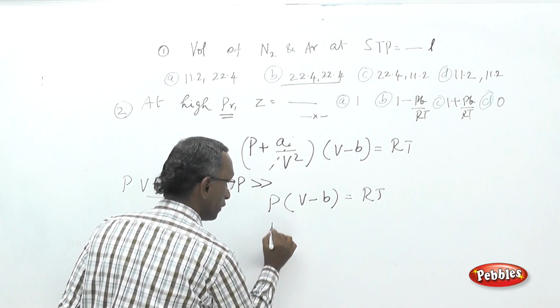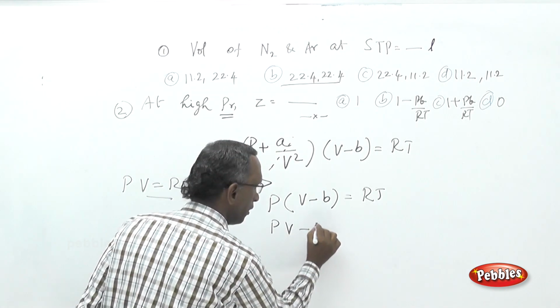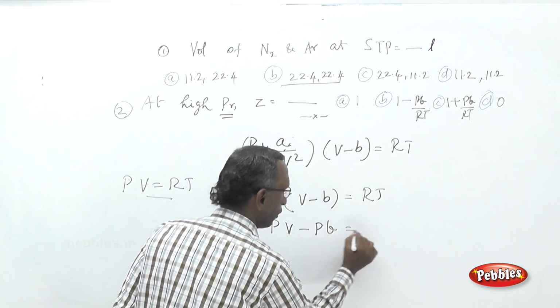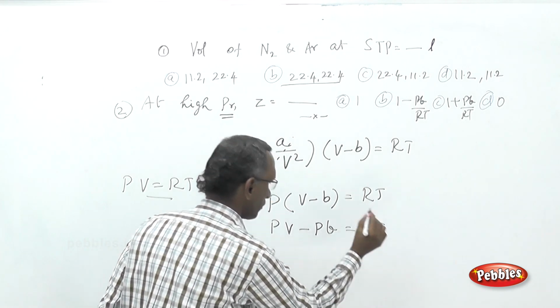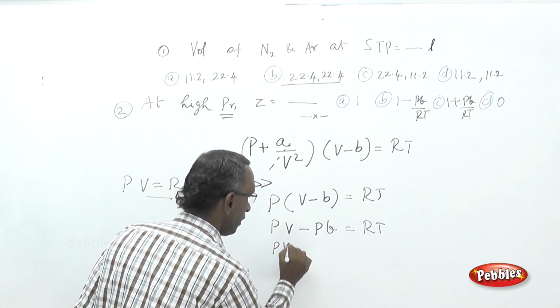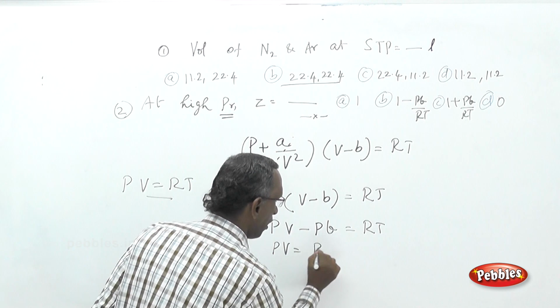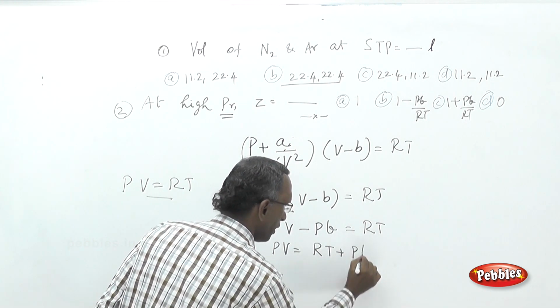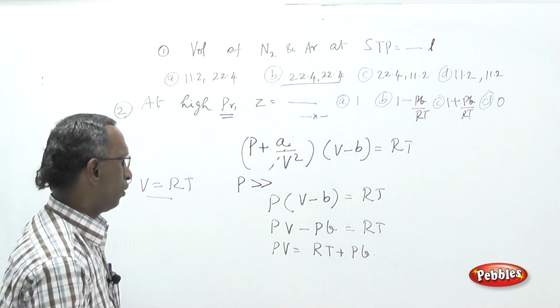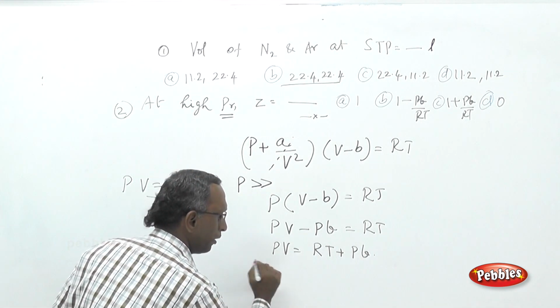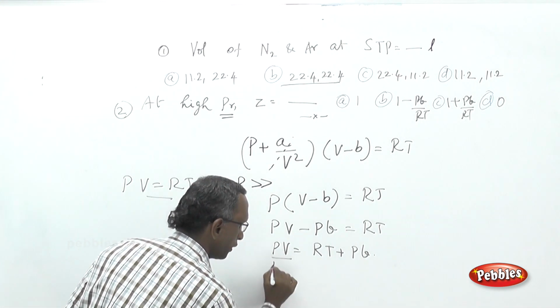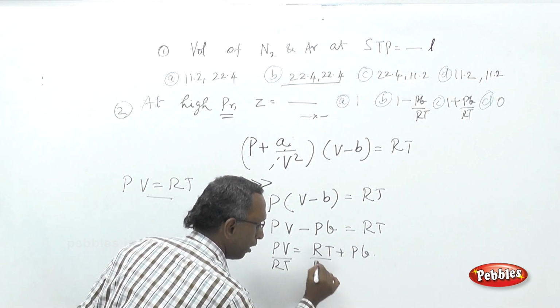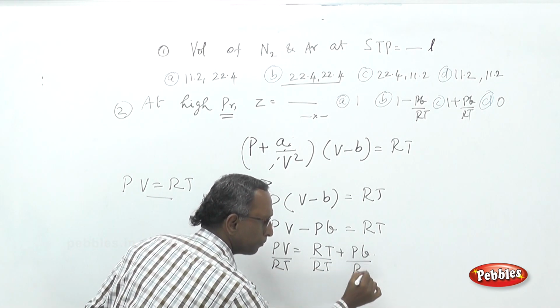RT is there. Now the simplification: PV minus Pb equal to RT, or PV equal to RT plus Pb. You can divide completely by RT.